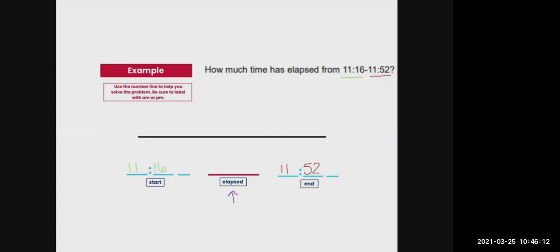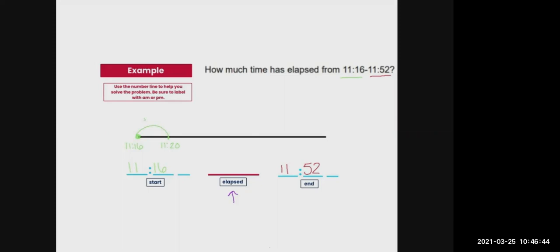I'm going to start on my number line with my starting time, which is 11:16. I like to work with 5s and 10s. So I'm going to go to the next 10 or 5 from 11:16, which is 11:20. I'm going to count up to 11:20 from 16: 17, 18, 19, 20.